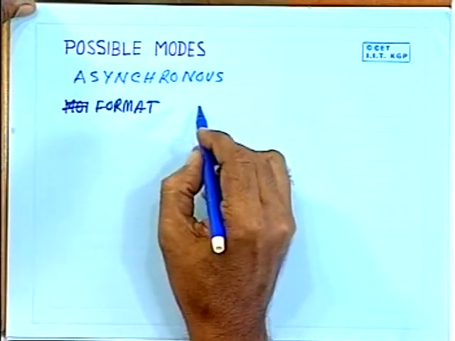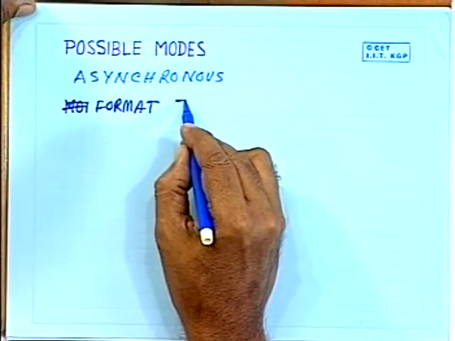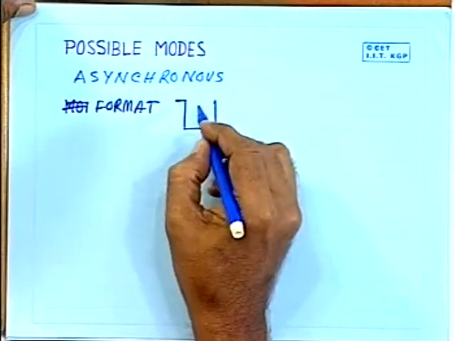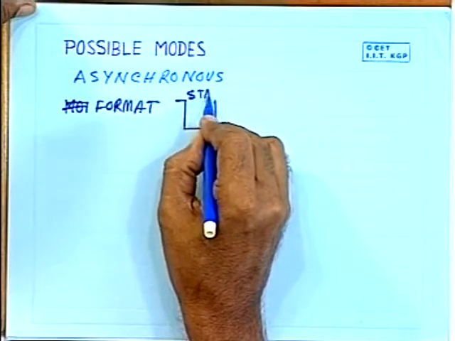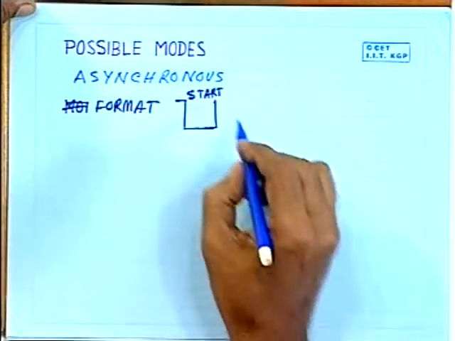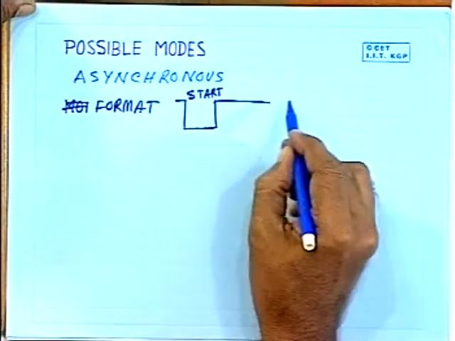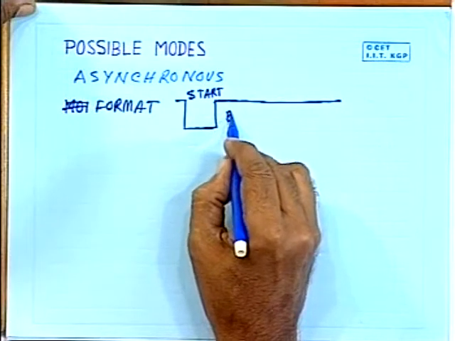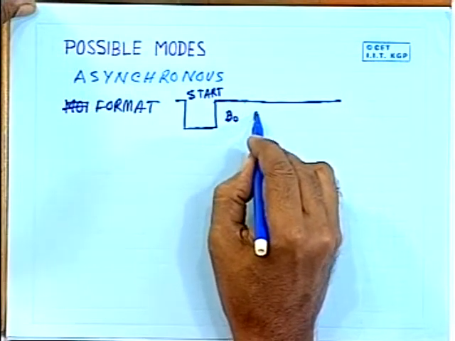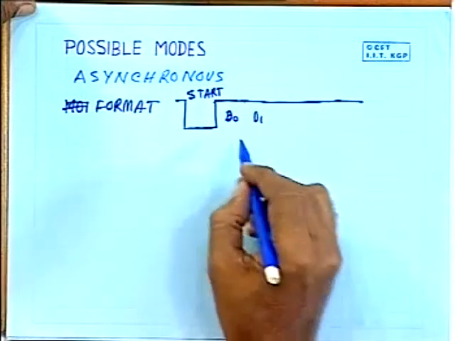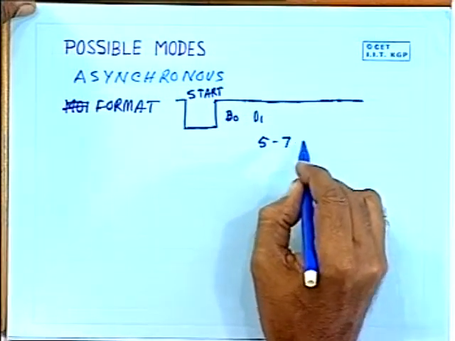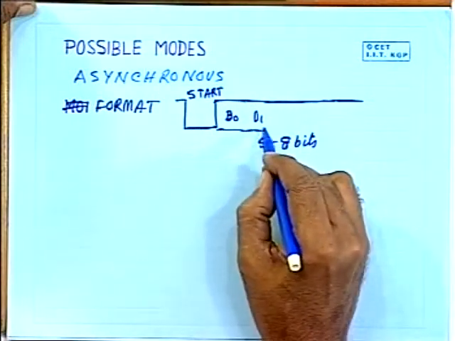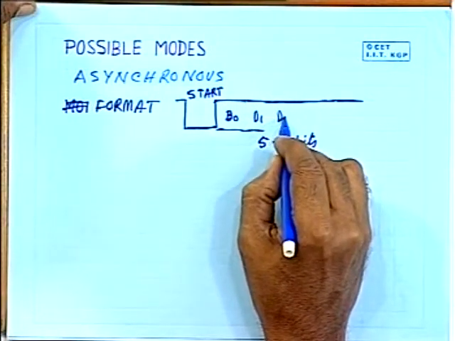First of all, it sends a start bit. This is the start. After that, a number of bits, say D0, then D1. In this way, 5 to 8 bits can be sent one after the other, and these bits can be 0 or 1.